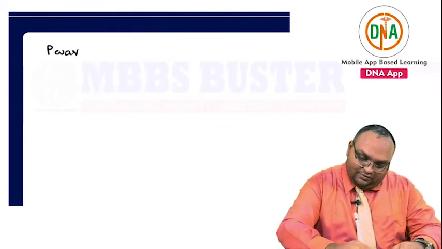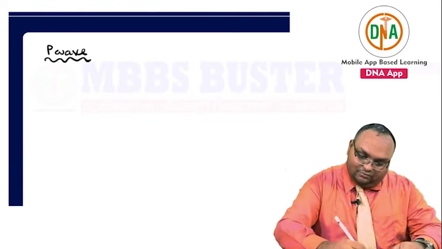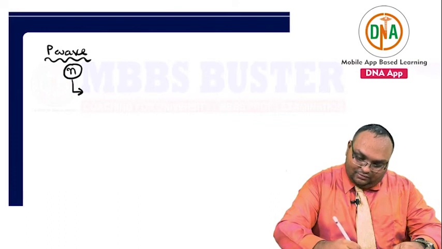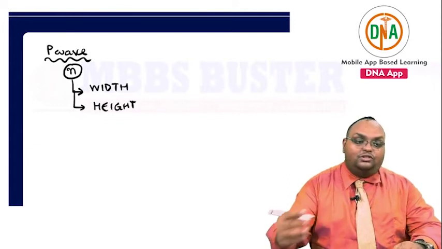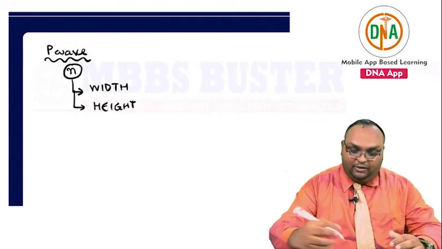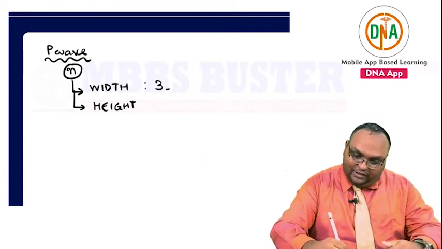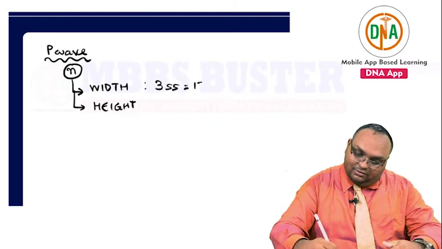The normal P wave, what is its width? What is its height? Anyone? What is the normal width of the P wave? Yes, 3 small squares or 120 milliseconds.